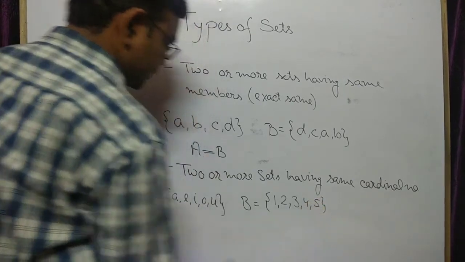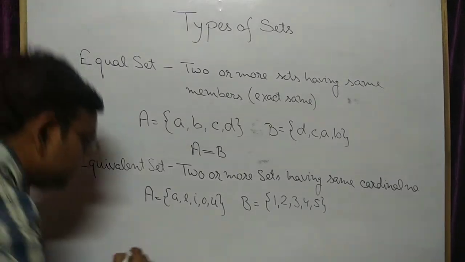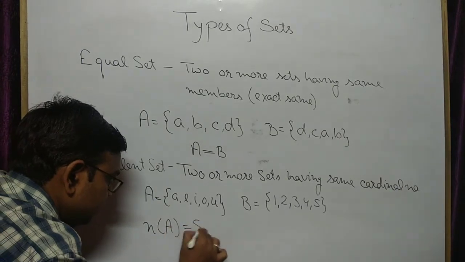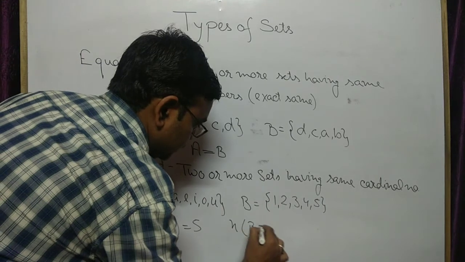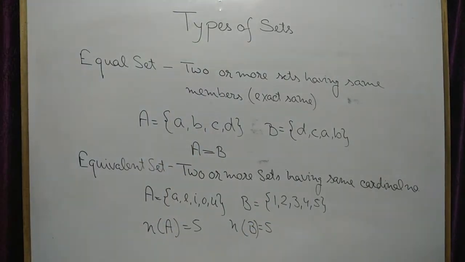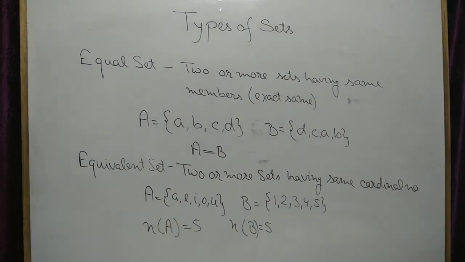So if we check, the cardinal numbers of set A and set B are the same: n of A equals 5, and here also n of B equals 5. So in this case we say that set A and set B are equivalent sets.